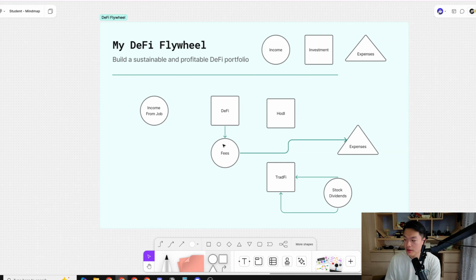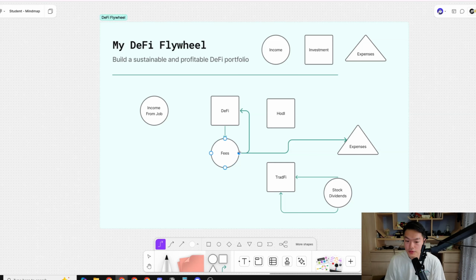And I see this all the time. People use the yield farming portfolio to pay for their expenses, but their actual balance of the portfolio just keeps dropping. So what I want to do instead is use a portion of my fees to at least compound into my DeFi portfolio. And depending on the market condition, I typically allocate roughly 25 to 75% of the fees that I've earned to compound back into my DeFi portfolio.